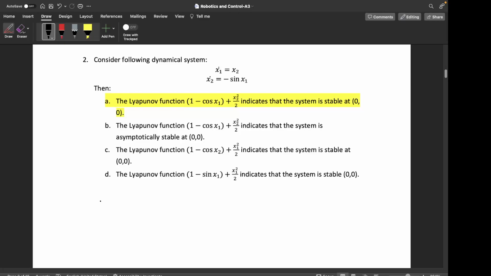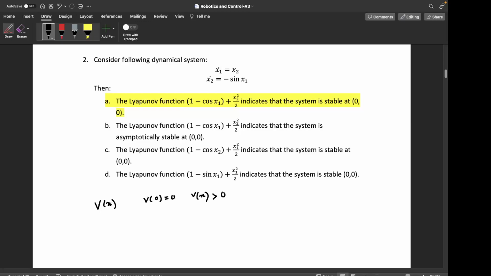You might recall that, let's say a function is V(x), then V(x) has to satisfy certain properties: V(0) is 0 and V(x) is positive definite, right?